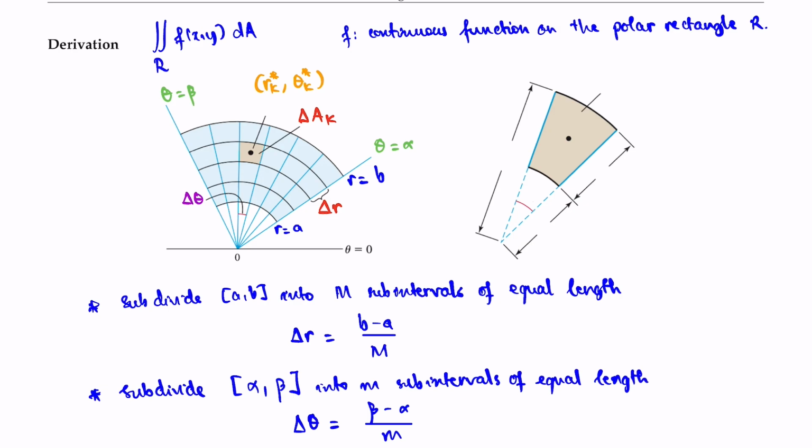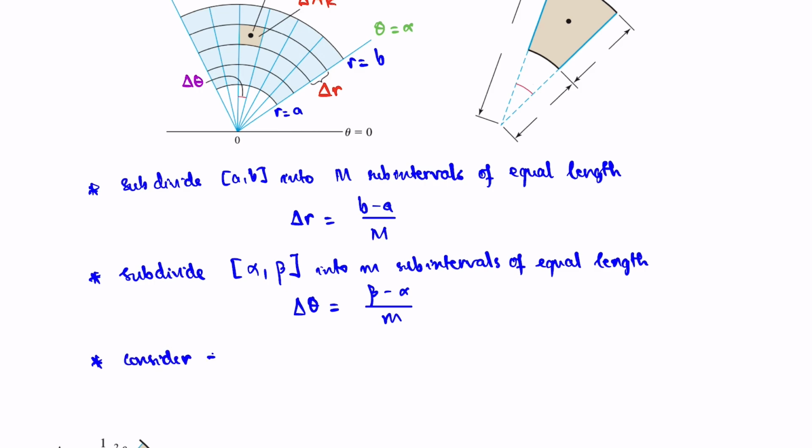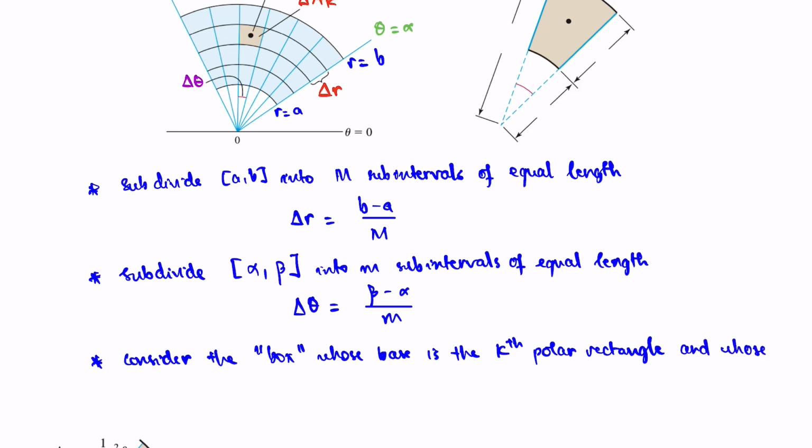Consider the box whose base is the kth polar rectangle and whose height is the function value f of x_k star, y_k star.